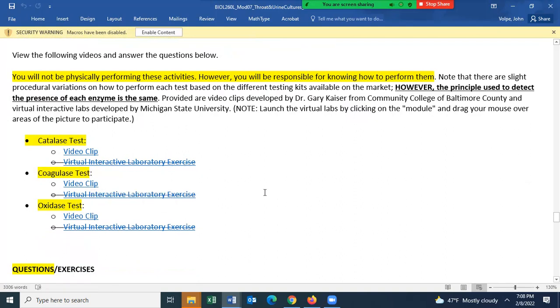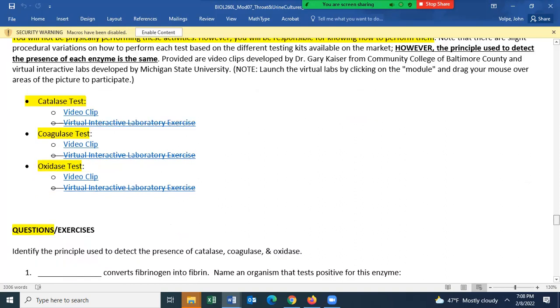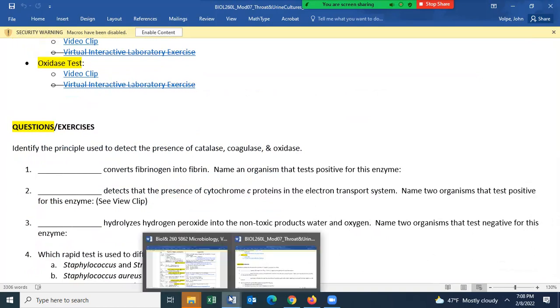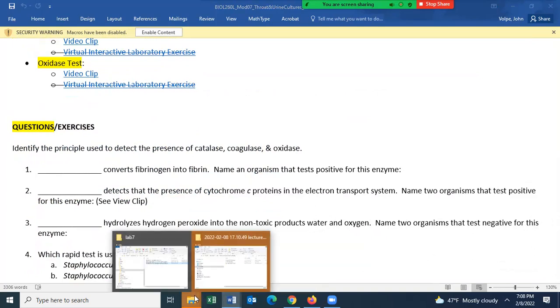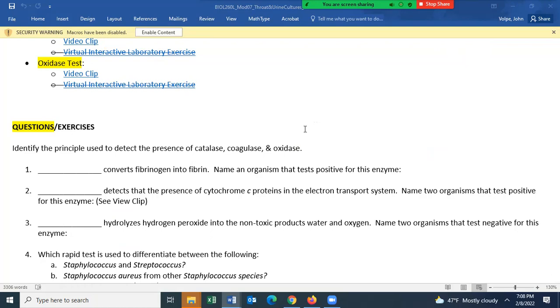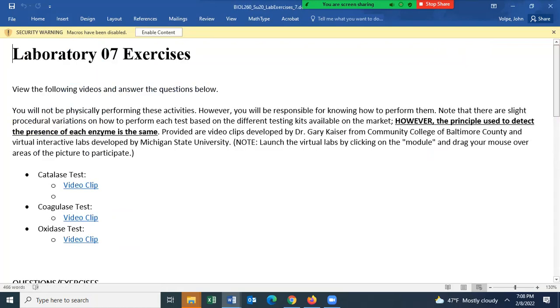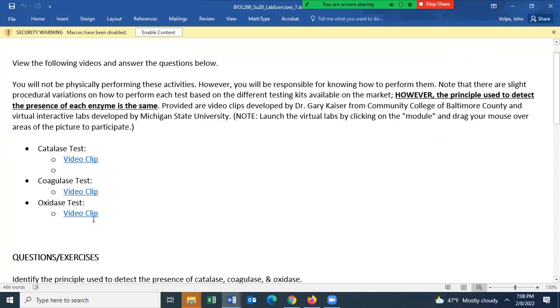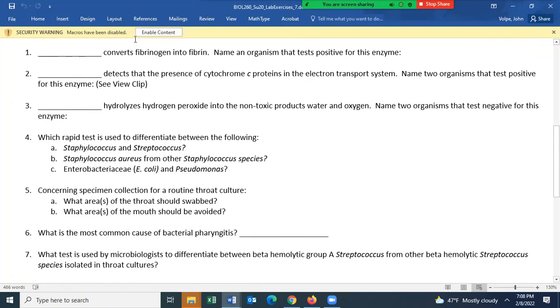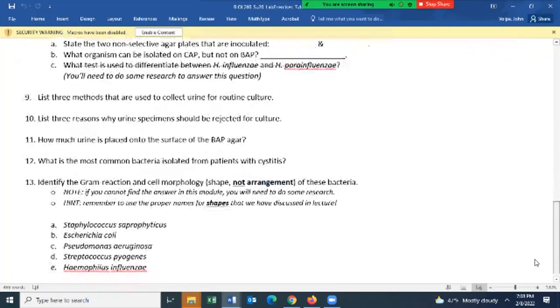The virtual interactive laboratory tests don't run. And then answer the questions for the lab, but don't answer it in the lab module. Answer it in the lab exercise or the worksheet. And the worksheet has the links to the videos and then the questions.